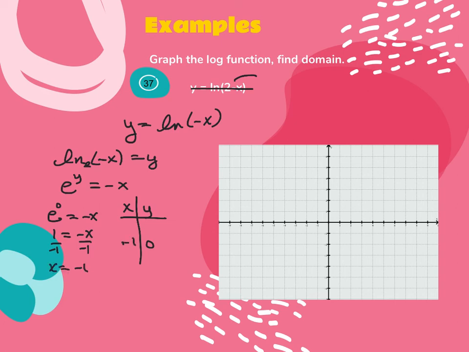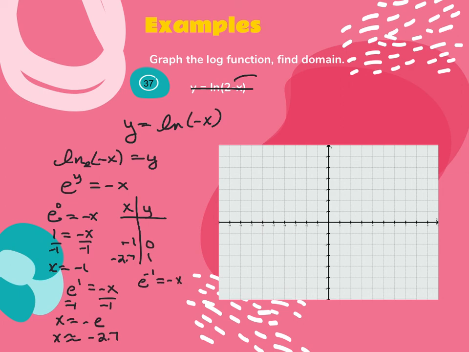Then I can also plug in positive 1. e to the positive 1 power equals negative x. And then here if I divide, x is equal to negative e. Remember, e is approximately equal to 2.7. We'll just round it to that. So we get negative 2.7. And then we can do the same thing for the negative 1. So we would plug in e to the negative 1 equals negative x.